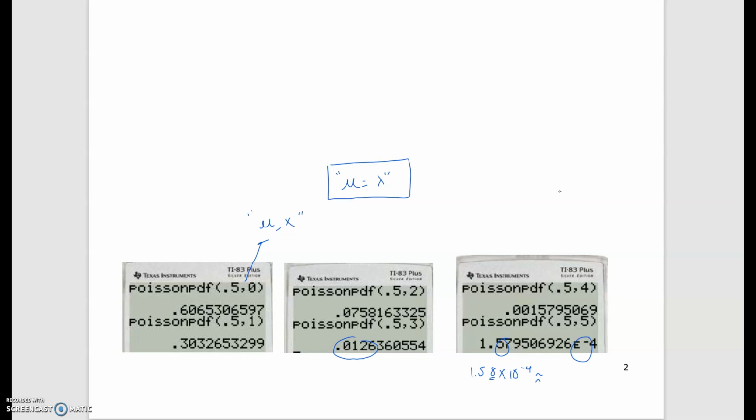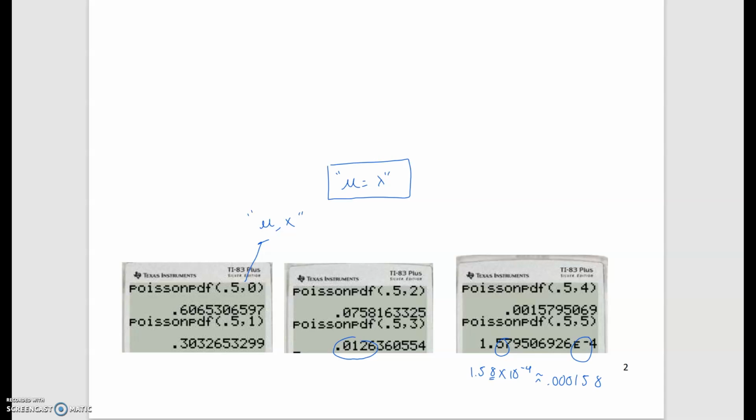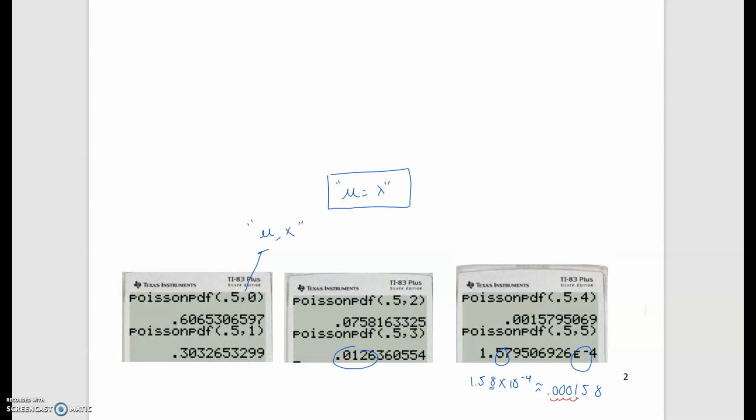As a decimal, you're just moving the decimal to the left, and then moving it to the right to double check that we added enough zeros. 1, 2, 3, and 4. Okay, so we're good. It's 4 zeros and then the 158.